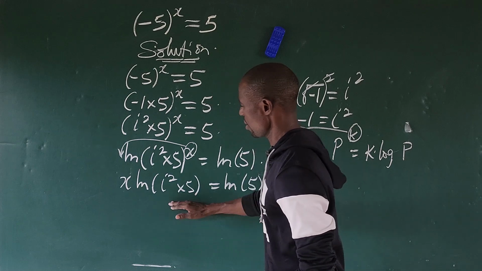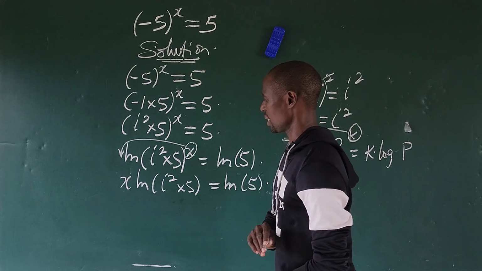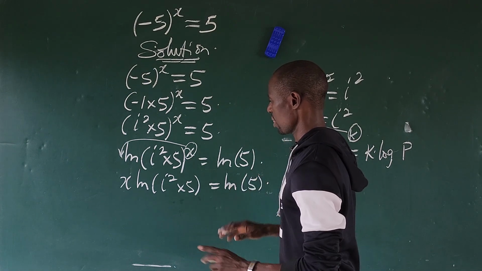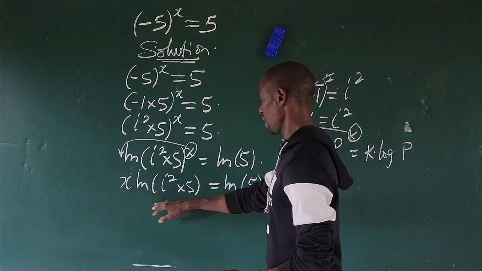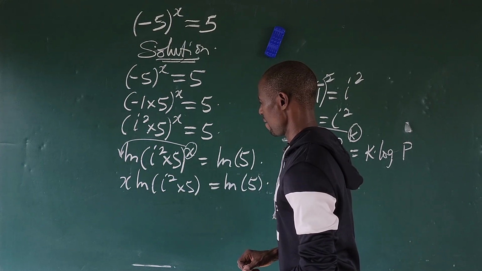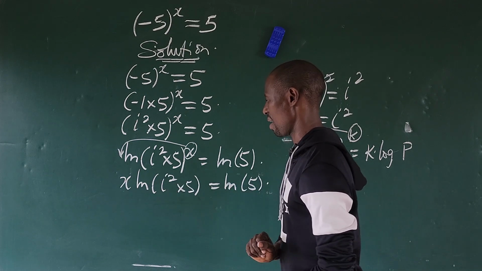So what we do, again, we have another property here, okay? But before then, we were looking for x, so let's divide both sides by ln of whatever we have in here.